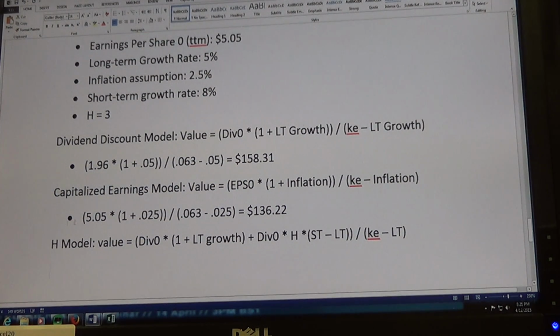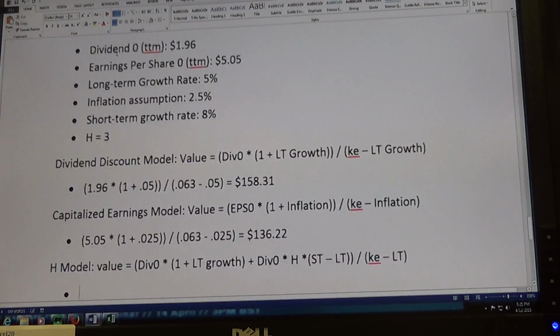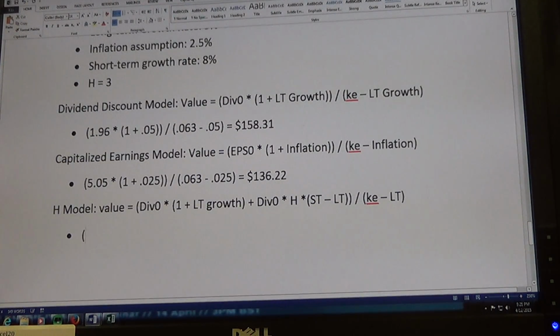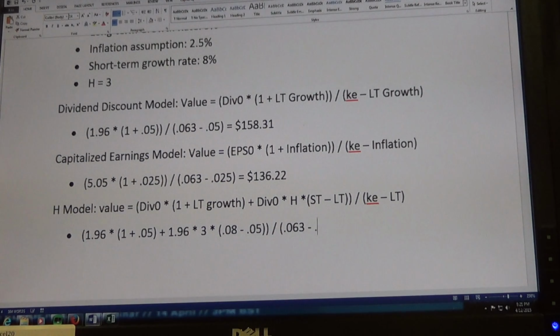So in this case, it's a little more involved formula, but it's not too bad. The dividend's $1.96, so $1.96 times 1 plus 0.05 plus $1.96 times 3 times 0.08 minus 0.05. All of that divided by 0.063 minus 0.05.